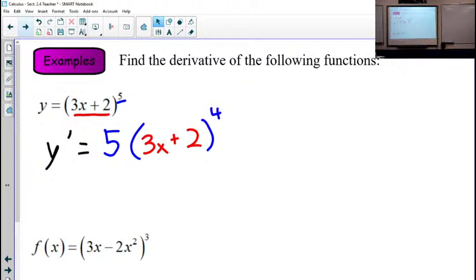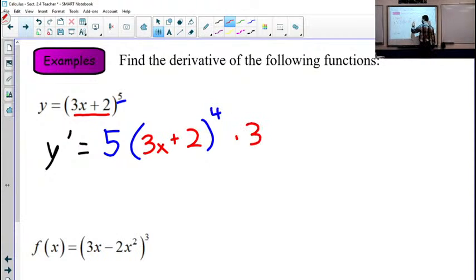So that is my outside derivative, derivative of the outermost, of the inside function. Inside function stays how it is. Then we're going to multiply by the derivative of the inside part. So times the derivative of the inside part, derivative of 3x plus 2, well, derivative of 3x is just 3. And then derivative of 2 is 0. So the innermost derivative is just 3.